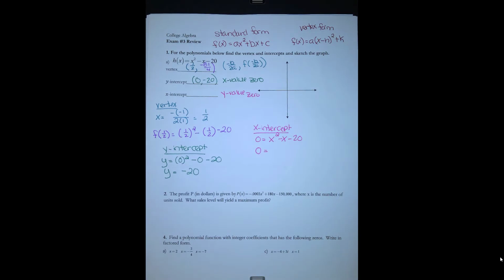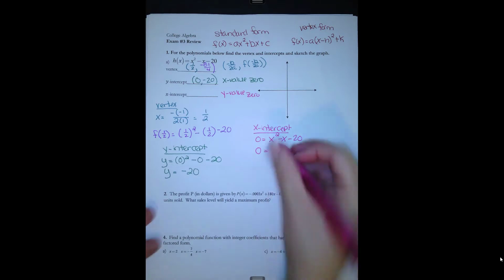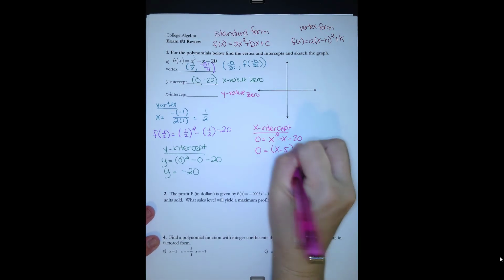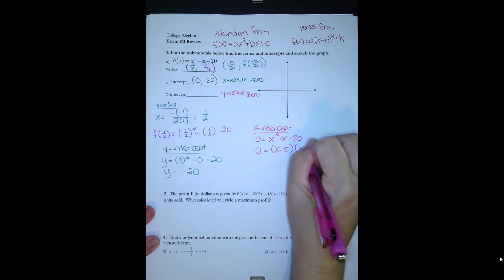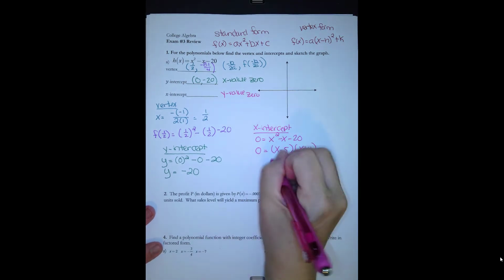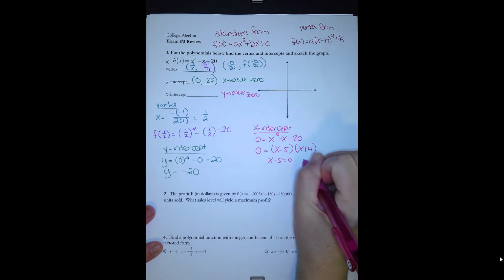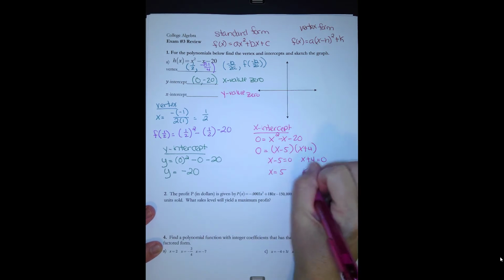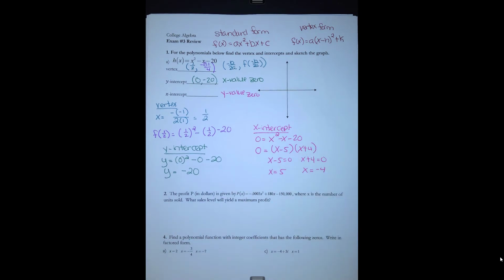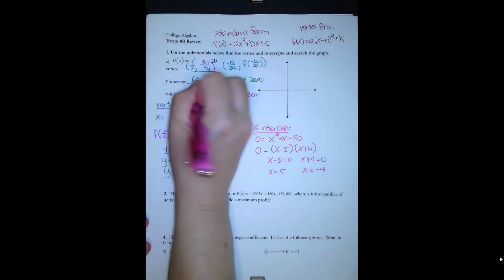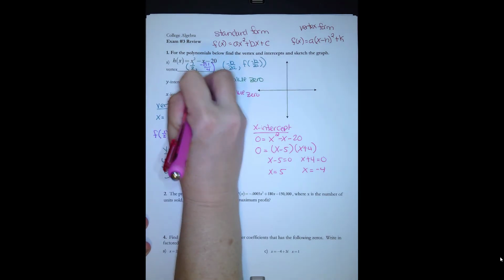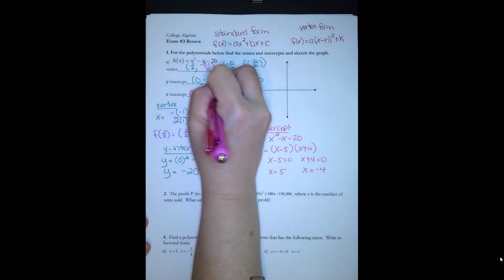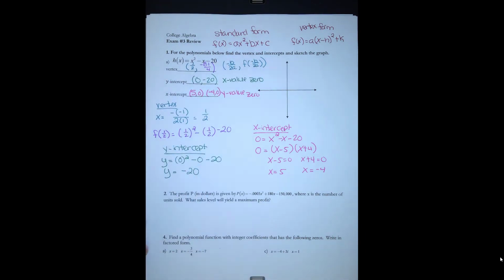So two numbers multiplied together that give negative 20 and add to be negative 1. So that is x minus 5 and x plus 4. So x minus 5 equals 0, x plus 4 equals 0. So x equals 5, and x equals negative 4. And once again, since they're intercepts, these need to be written as ordered pairs. So 5, 0 and negative 4, 0.